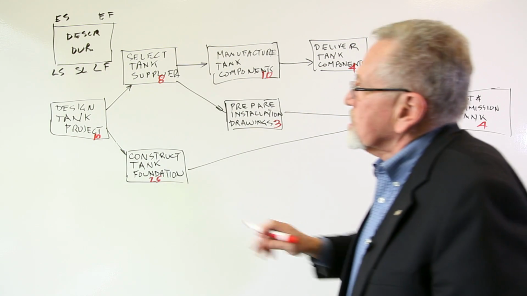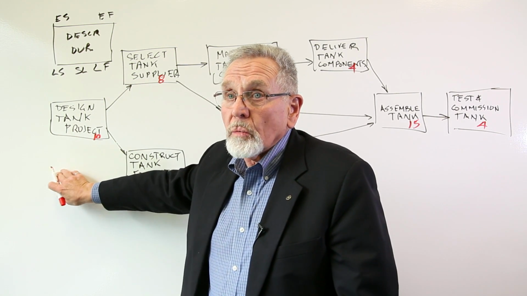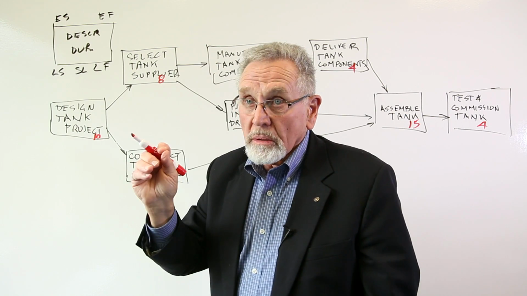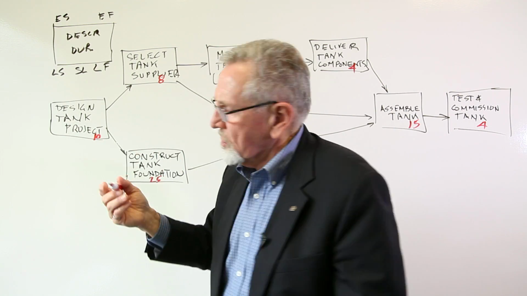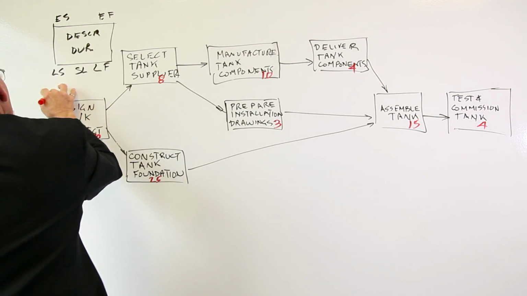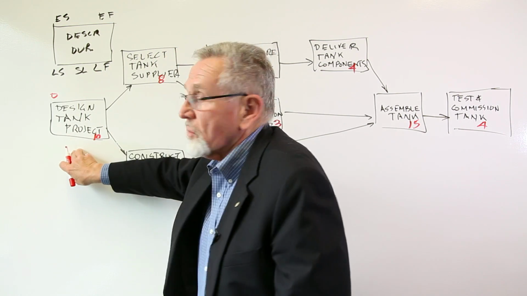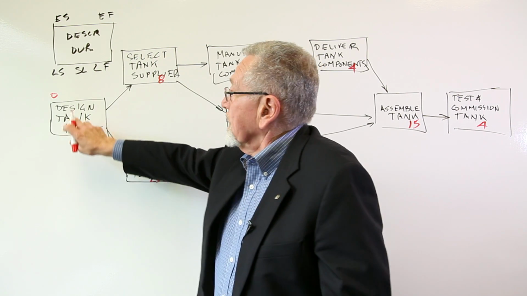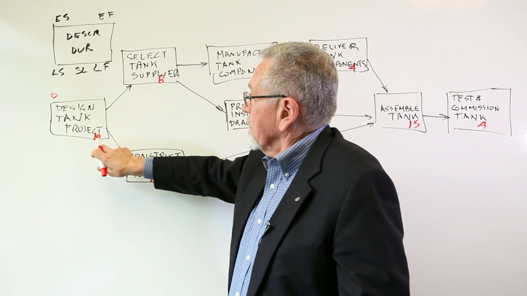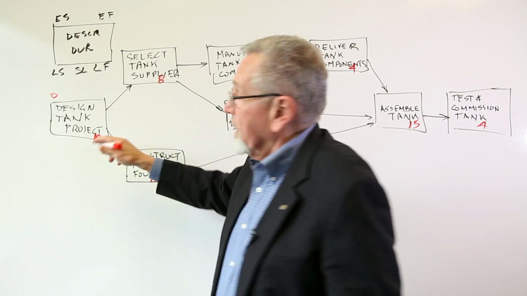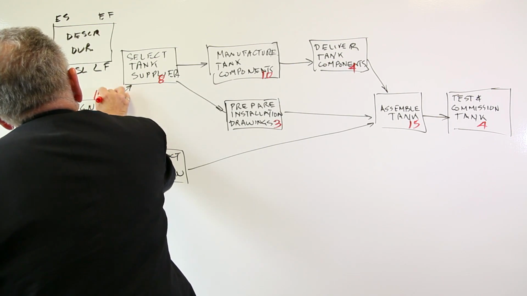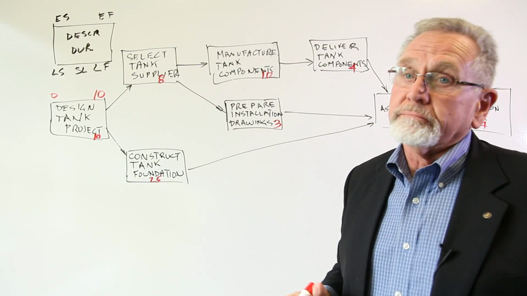Okay, so we start at the beginning. We say the project begins at time 0, the beginning of the first day, if you will. And so we write a 0 here. That's the early start for this first task. And if it starts at time 0 and takes 10 days, then the earliest that it can finish is 10.